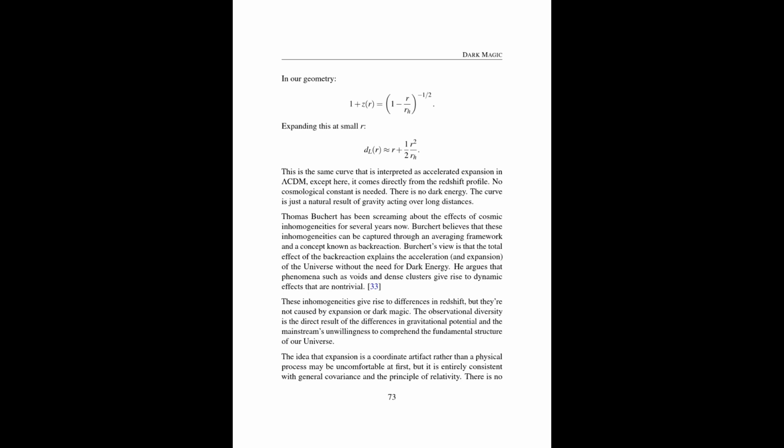There is no absolute frame of reference, no universal time, and no global energy conservation in curved spacetime. Once these lessons are internalized, the appeal of a static, gravitationally driven cosmology becomes not just plausible, but inevitable. The expansion paradigm has had a long run, but it's time to consider that the data may be telling us something else entirely.